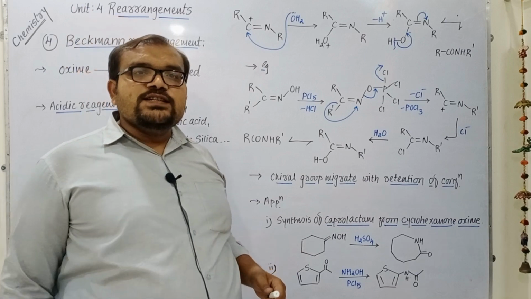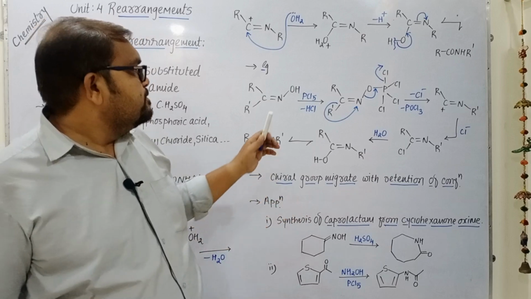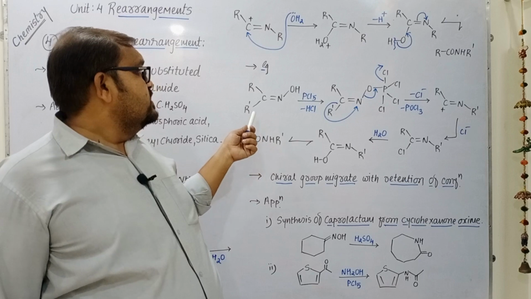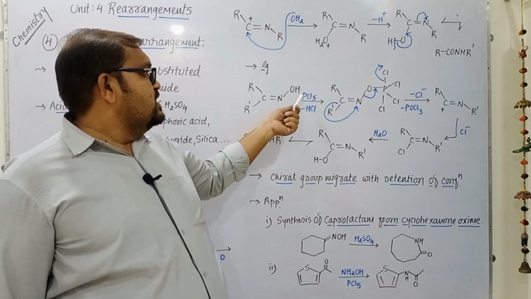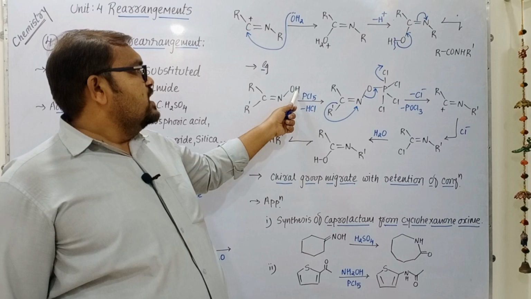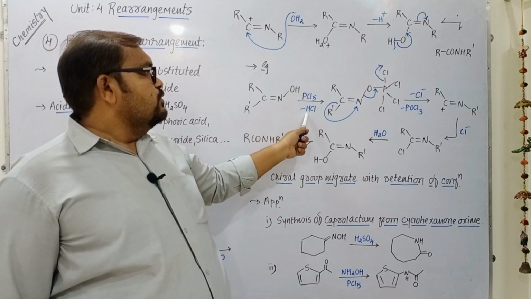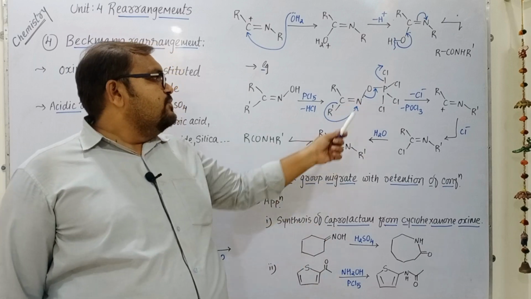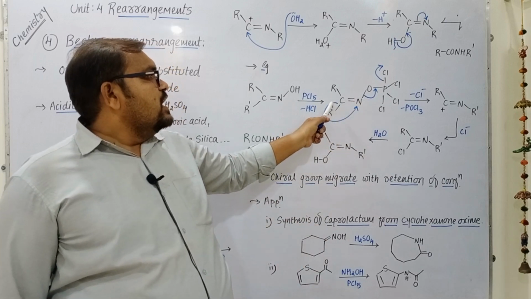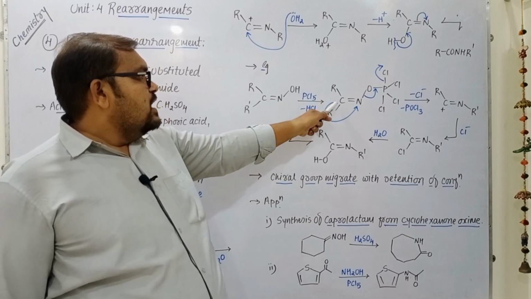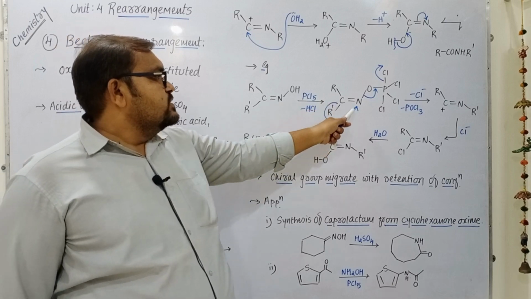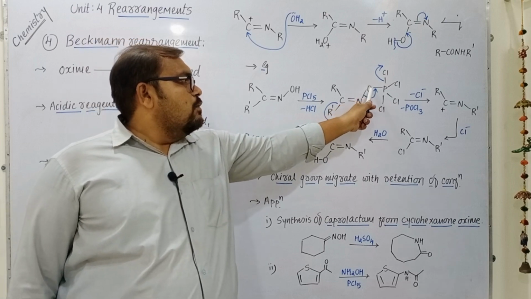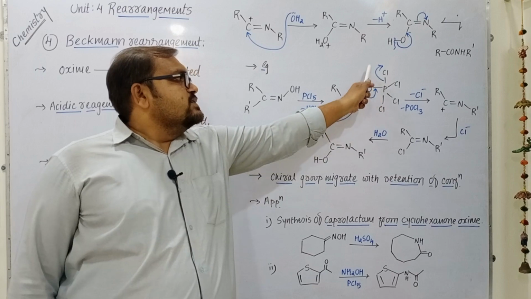So there is one more example in which we are using PCl5, phosphorus pentachloride. How will it react? As we can see here, the oxime will react with PCl5, this hydrogen and one of the chlorines will be removed in the form of HCl, and we will get such an intermediate. After formation of this intermediate, as we discussed earlier, this alkyl group with its bonding pair of electrons shifts towards the nitrogen, this bonding pair will be shifted between oxygen and phosphorus, and Cl will be lost.